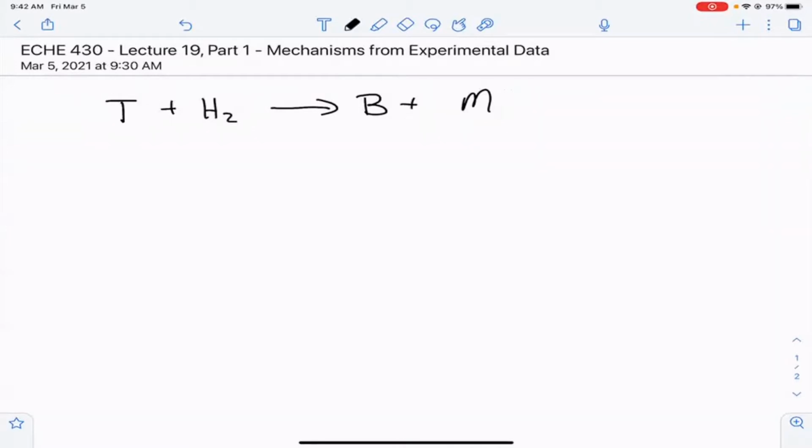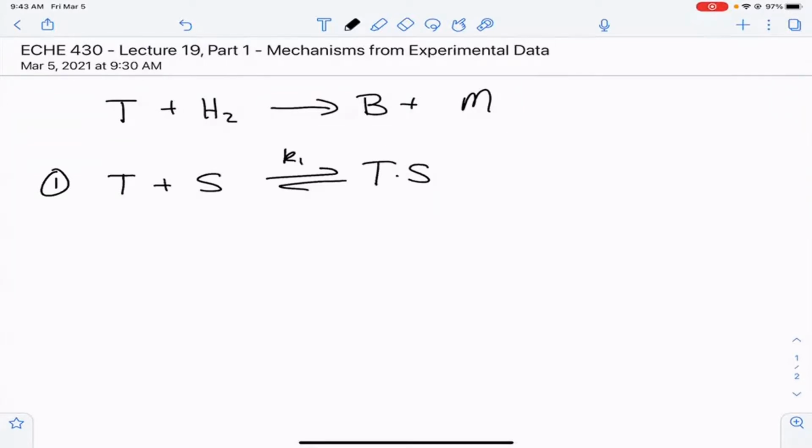So the first step in our reaction mechanism, if we try to conceive one, should be the adsorption of toluene, because we know it has to be on the surface in order to react. And so we can have reaction 1 be, toluene plus an active site gives us an adsorbed toluene, right? And we'll just call that forward reaction rate constant equal to K1.